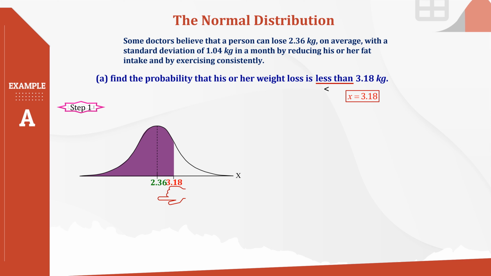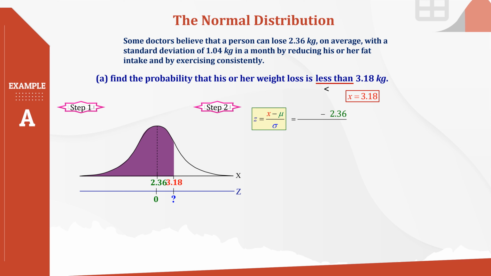We know the mean 2.36 becomes 0 in the standard units. So let's convert this x value 3.18 into the number of standard deviations using the formula. Substitute the mean 2.36 in the top right and sigma value 1.04 into the denominator position of the formula.